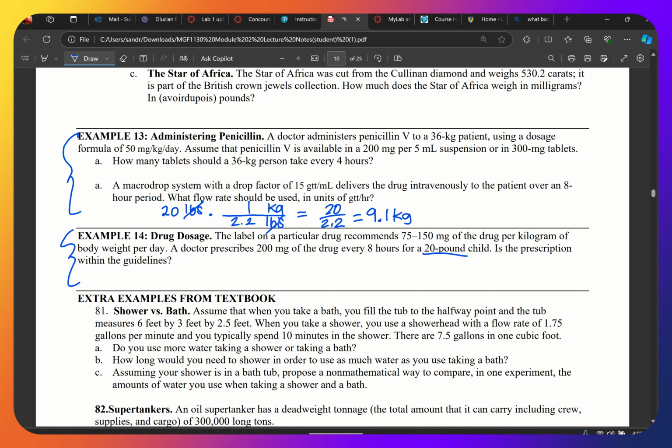Okay, let's start with the minimum value. The minimum is 75 milligrams per kilogram, times 9.1 kilograms. Total per day, the total minimum is 682.5 milligrams.